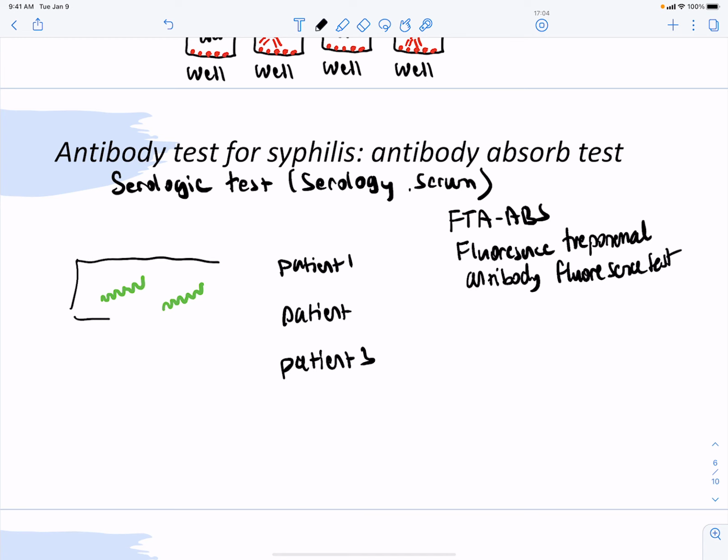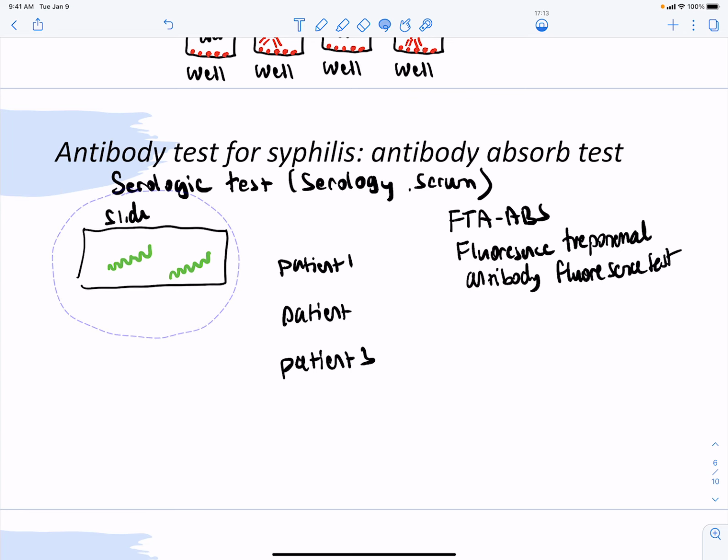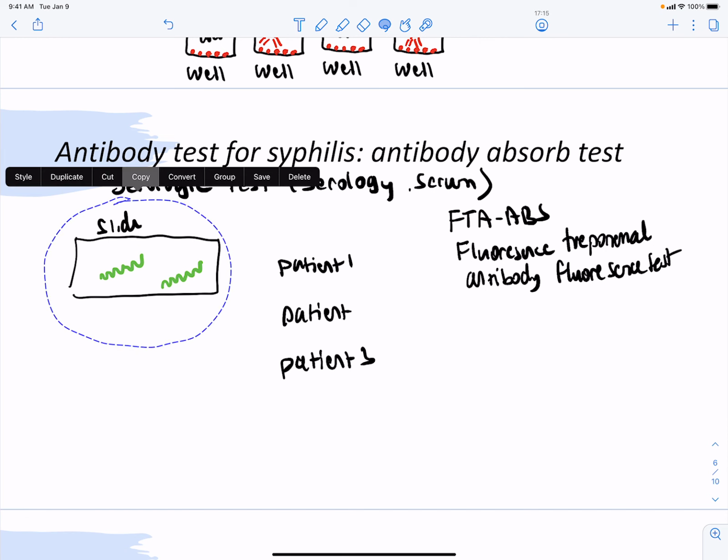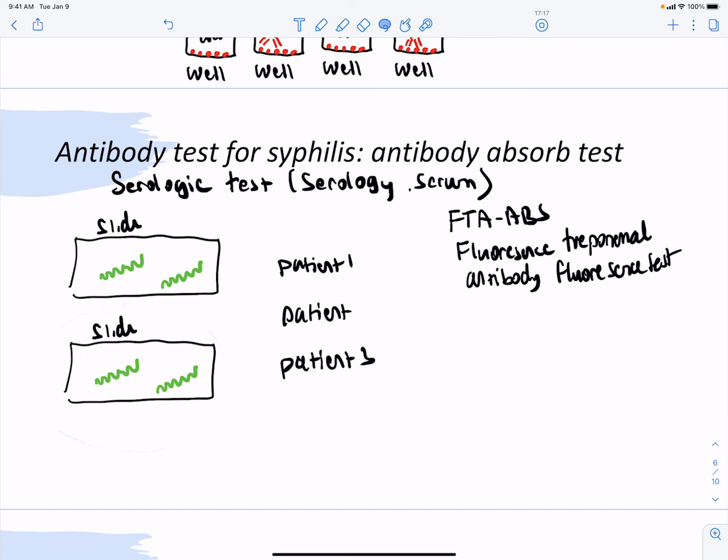So this is a slide. You're going to have your treponema bacteria on your slide. Now, you wouldn't see them as being green. I'm just showing it as being green, just so you can see it.